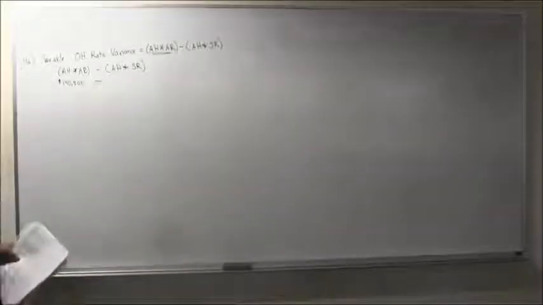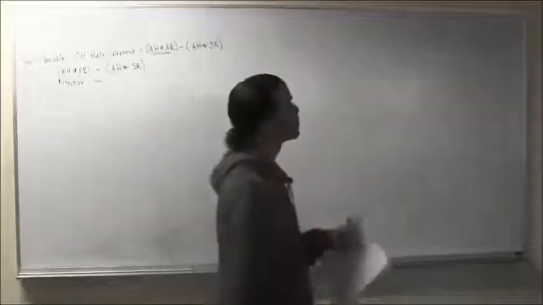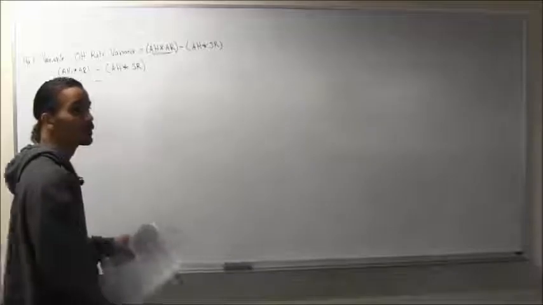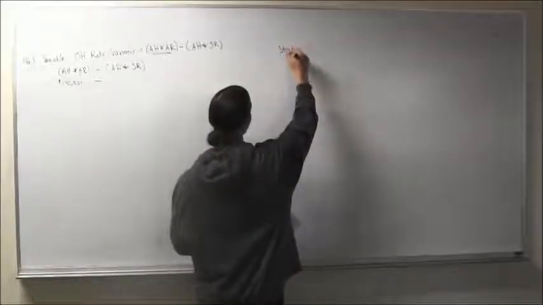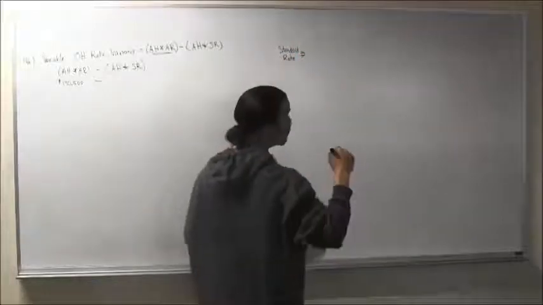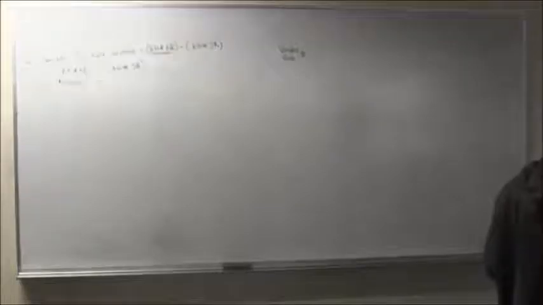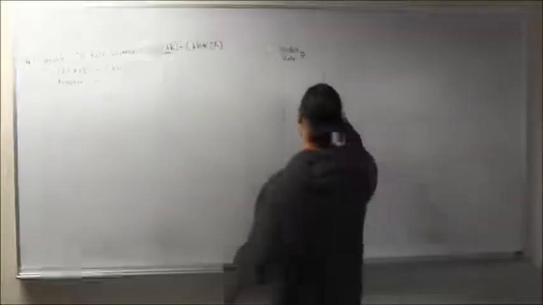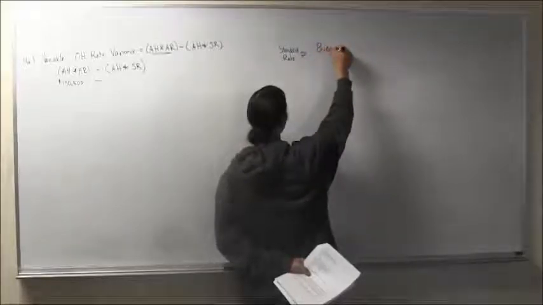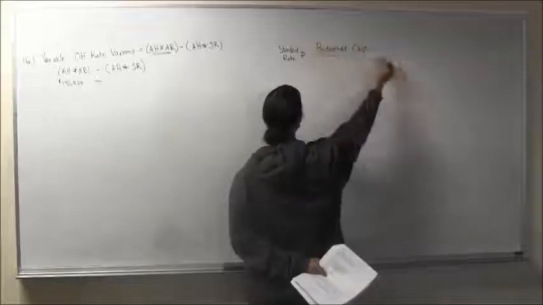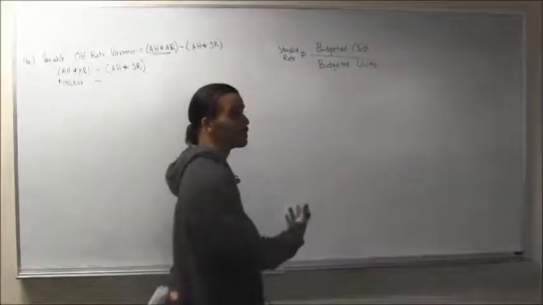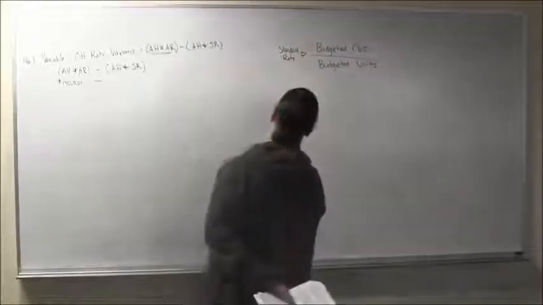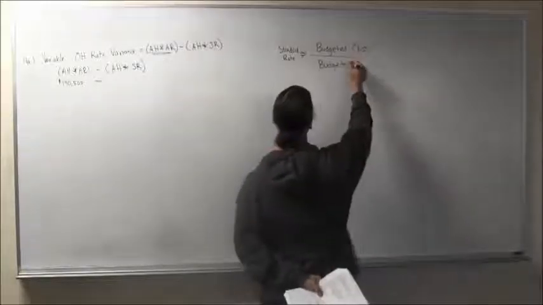How do we get our standard rate? Budgeted cost over budgeted units, budgeted over budgeted, what do they call it?